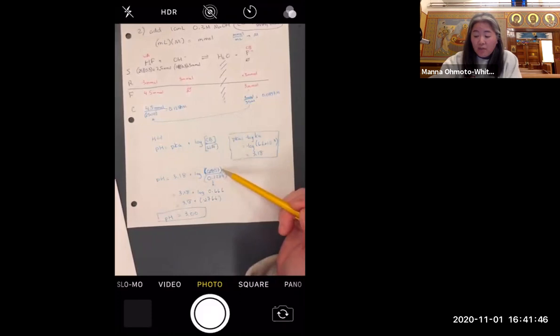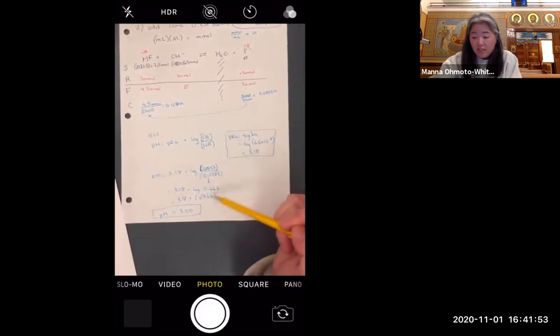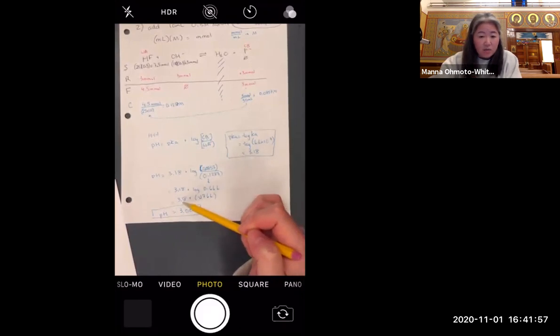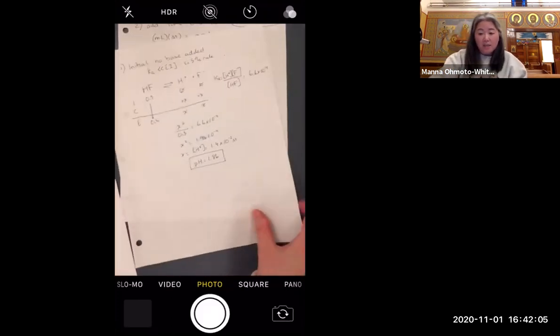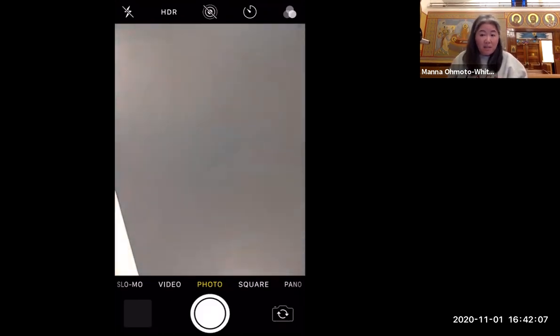So 0.0857 over 0.1287 is equal to 0.666. So the log of that is equal to negative 0.1766. If I add that to 3.18, my pH is at 3. So at the beginning, my pH was 1.86. My pH is climbing, but it's not climbing as fast as it would if I didn't have that buffering system.